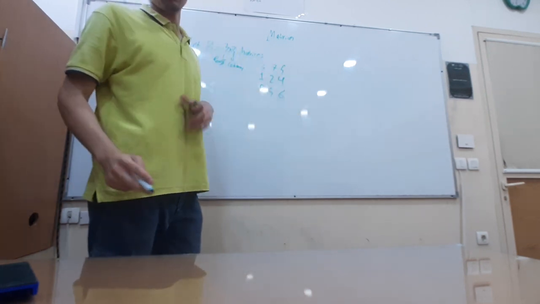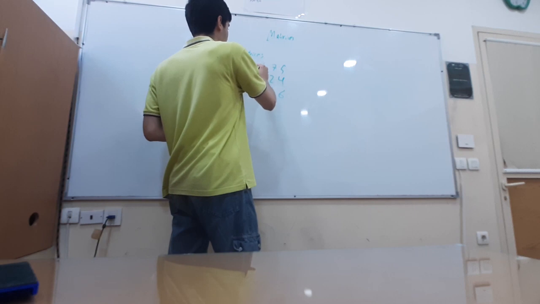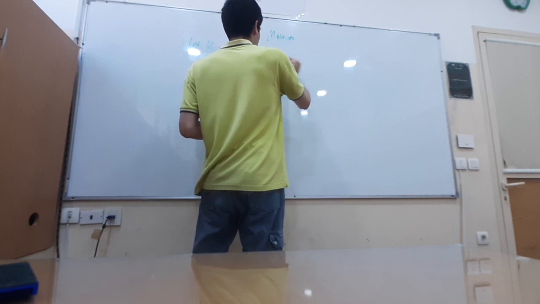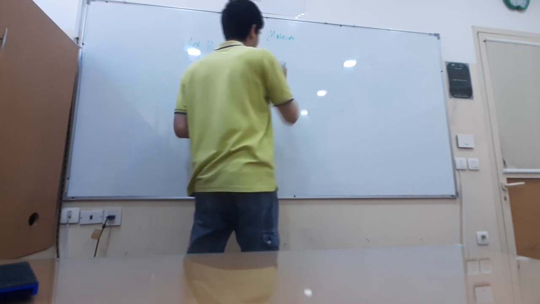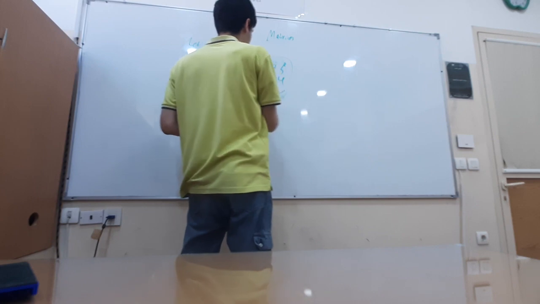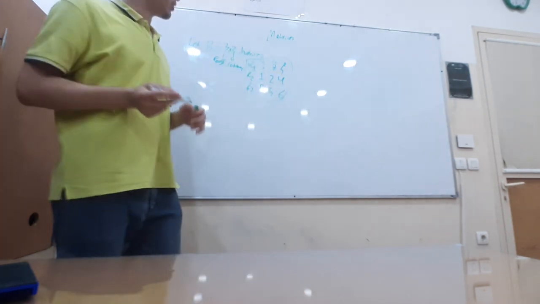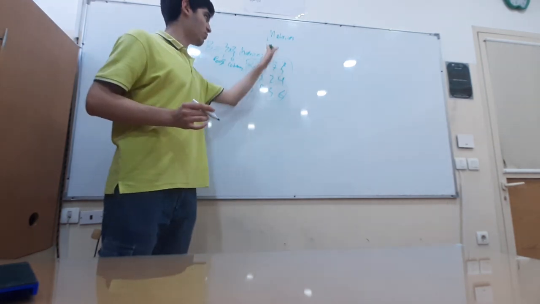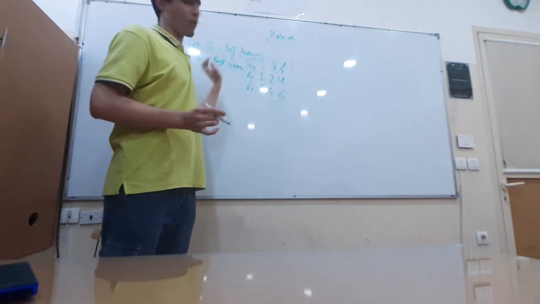Guys, this is a 3 by 3 matrix. We have 3 rows, row 1, row 2, row 3, and column 1, column 2, column 3. Now it's very clear, guys. This is the row, this is the column, up to down, and the row is from left to right.